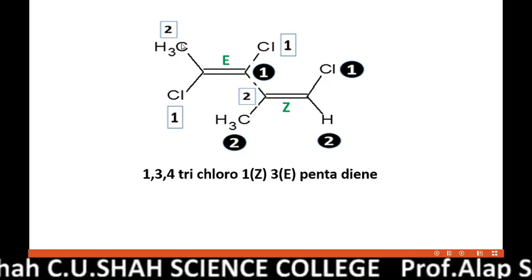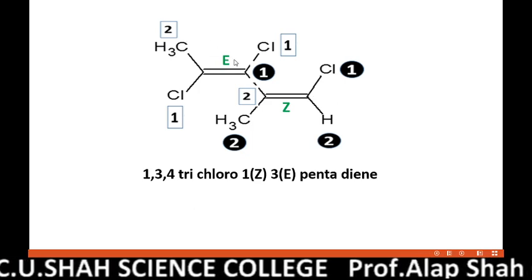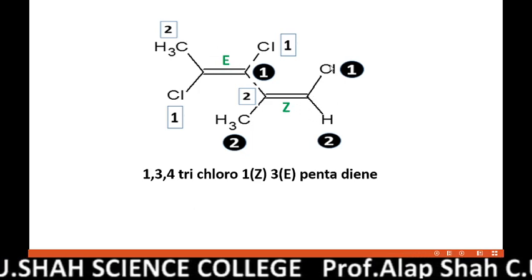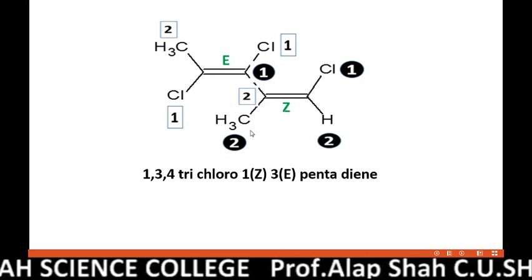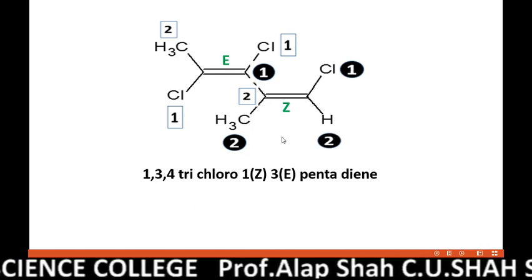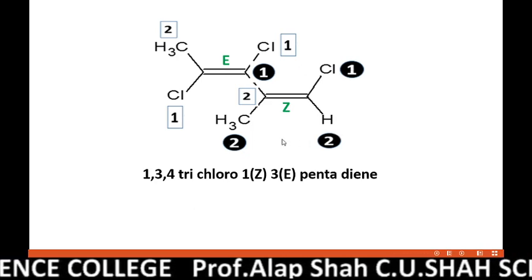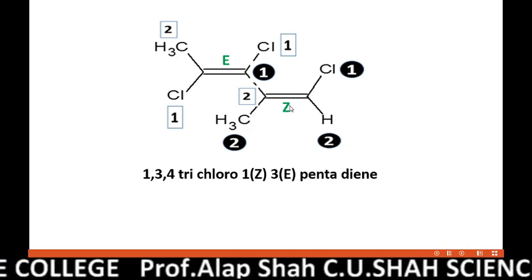Now this double bond, because we kept everything as it is, is E. But now let us check this one: chloro and hydrogen, 1 2, and here we already discussed 1 2. So now the equal priority groups lie on the same side, 1 2, 1 1 2 2. So now this double bond's configuration is Z.